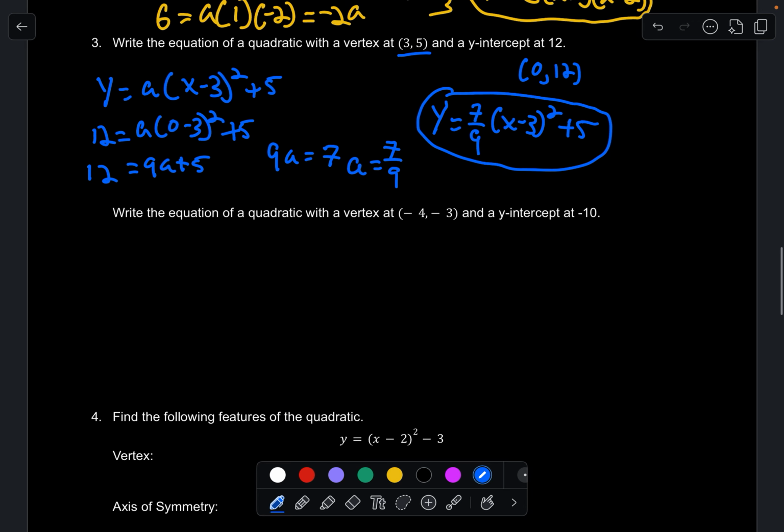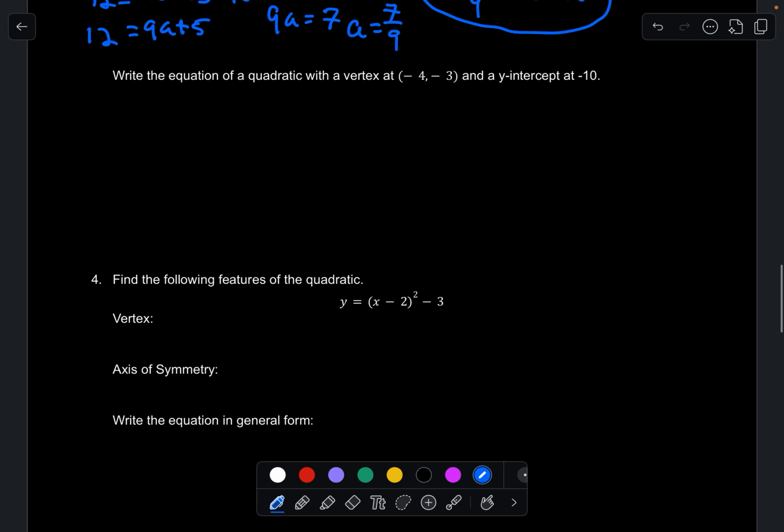Similarly, write the equation of a quadratic with a vertex at (-4, -3) and y-intercept at -10. Again, y-intercept of -10 is the point (0, -10). In vertex form, it'd be y equals a times (x plus 4) squared minus 3.